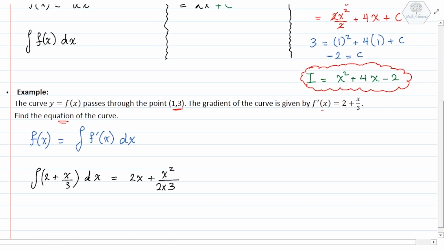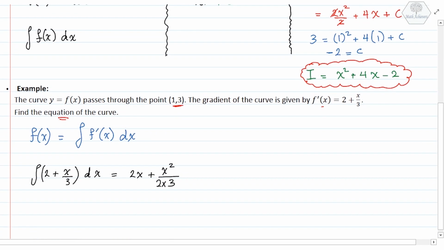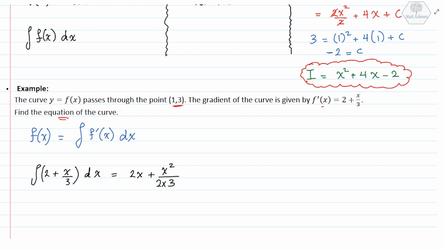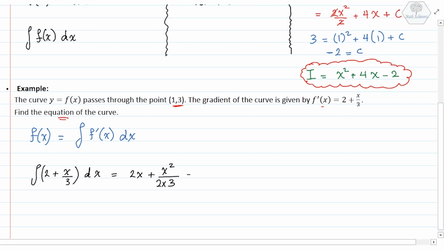So in our example, we multiply the denominator by 2, and we add the c. So this is equal to 2x plus x squared over 6 plus c. This is equal to f of x.